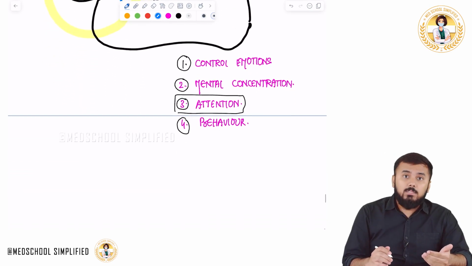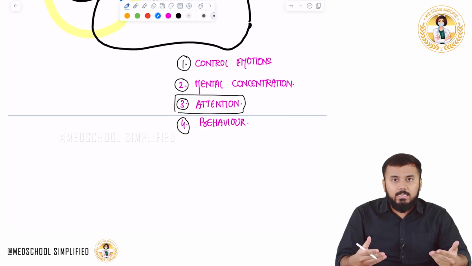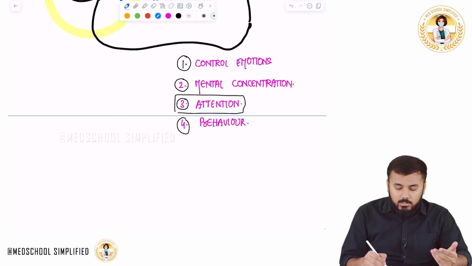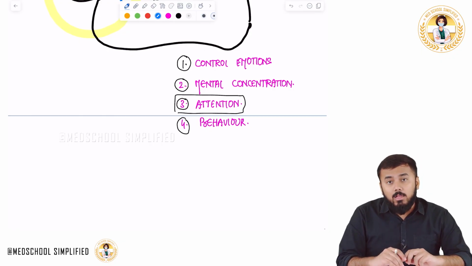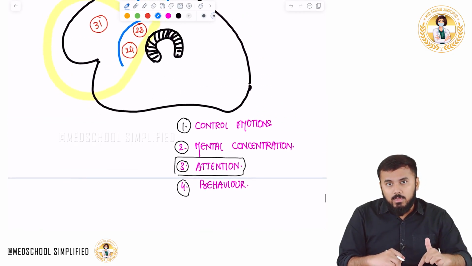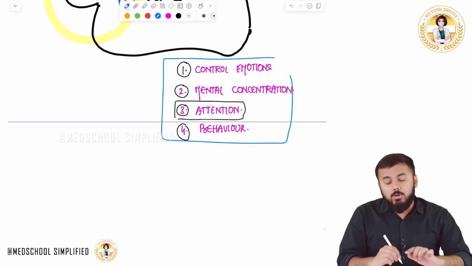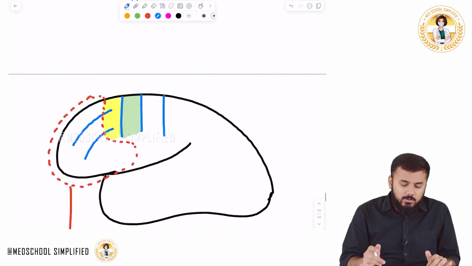Even a normal person with normal centers can also have uncontrolled emotions, loss of mental concentration, attention disorder, and vulgar behavior and all. But patients who have a problem in this prefrontal area will really have issues with these four important things. Okay, so this is one of the very important things which you need to know.